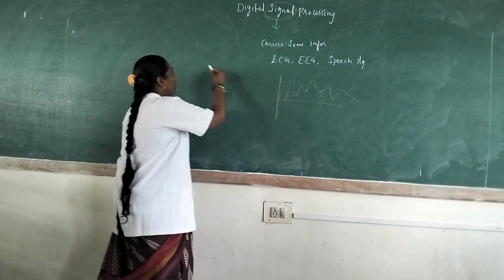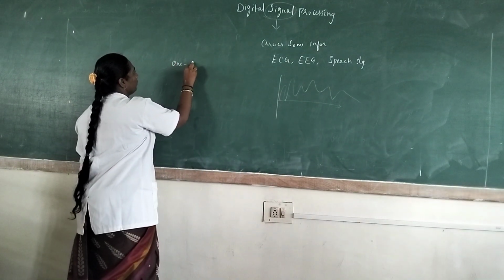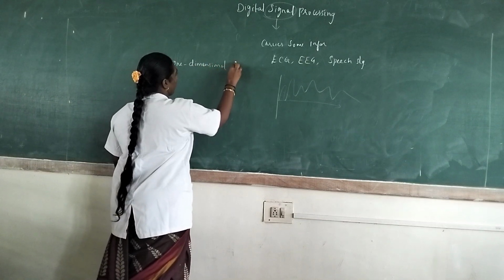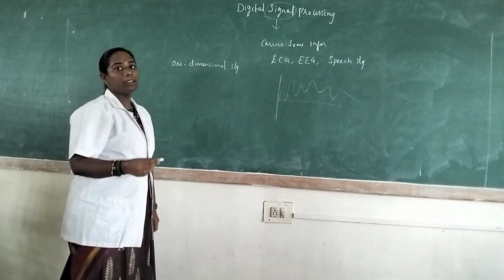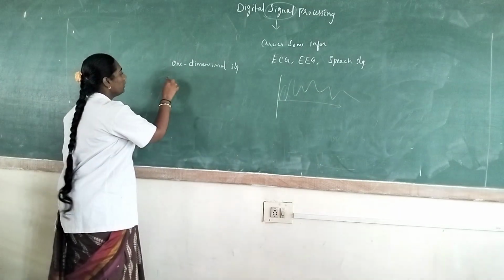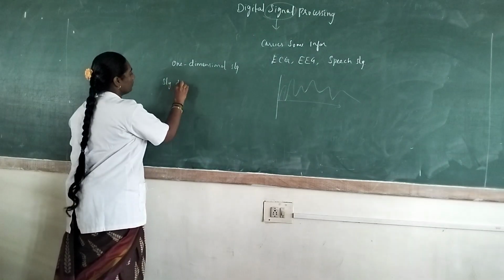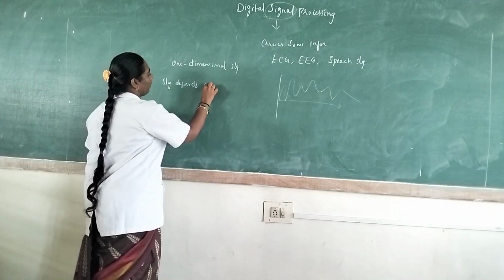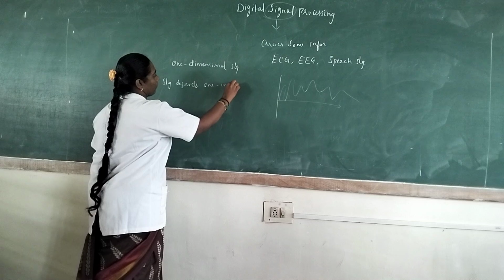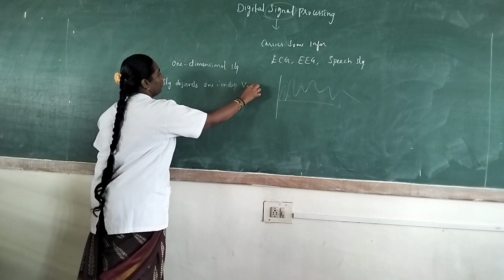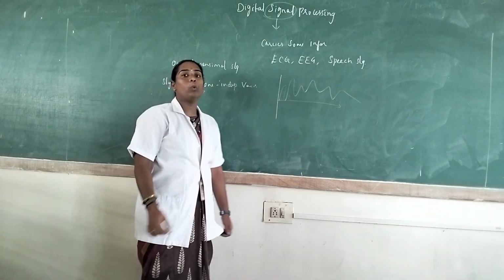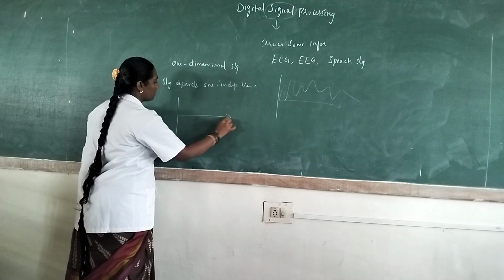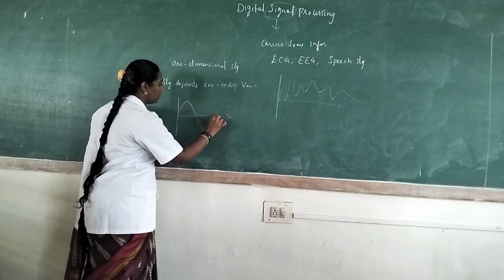First, the one-dimensional signal. A one-dimensional signal is nothing but a signal which depends on one independent variable. For example, an AC signal is a one-dimensional signal.